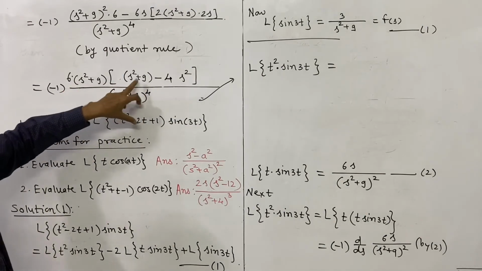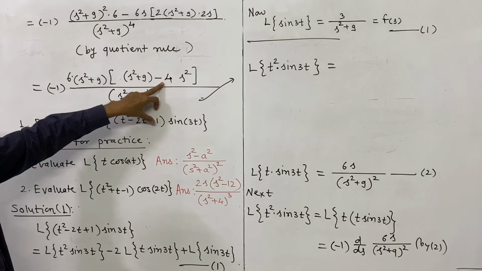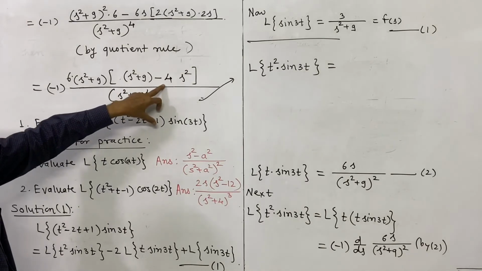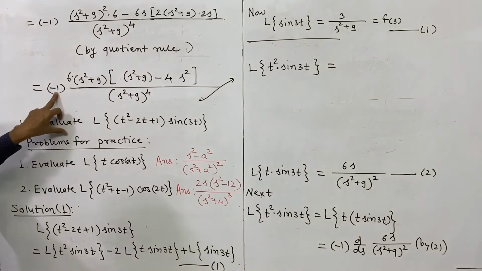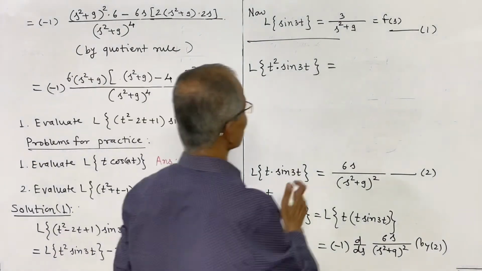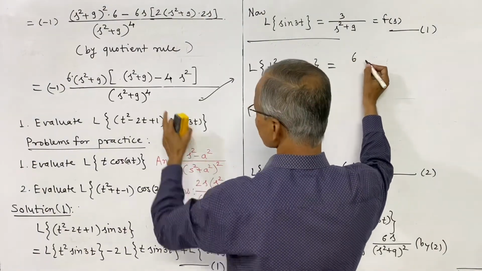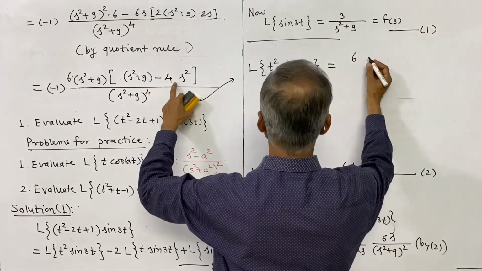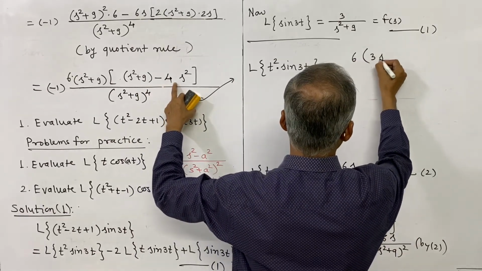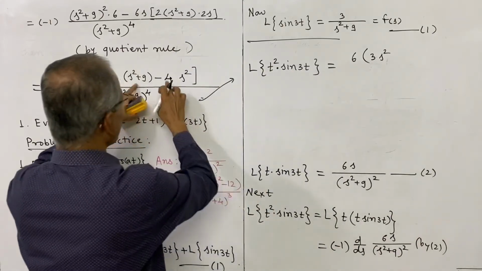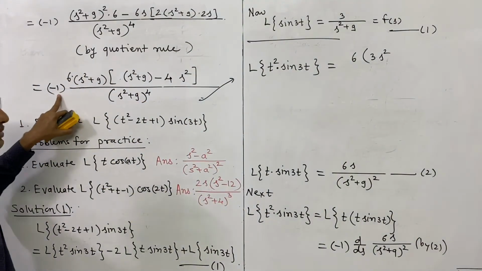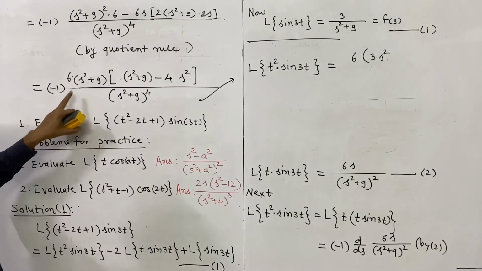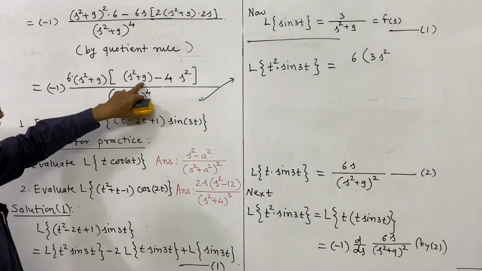And now you see s square minus 3s square, this is minus 3s square, and that minus and this minus becomes plus. So it will be 6, and in bracket it is 3s square. S square minus 4s square is minus 3s square, and because of this minus 1 it becomes plus 3s square, and what is remaining is 9.